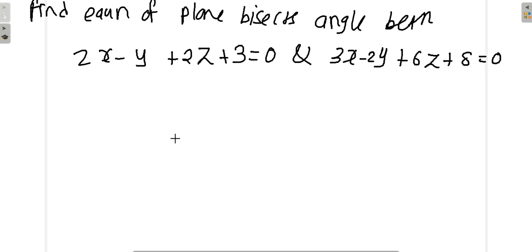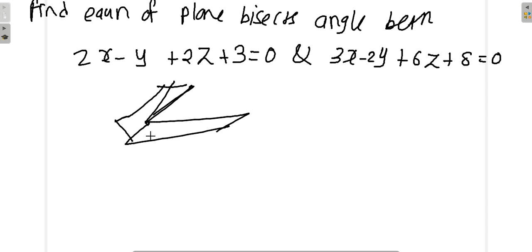So this is the plane. This is another plane, and we want to find the equation of the angle bisector. So let us take P (x1, y1, z1) as a point on the bisector.